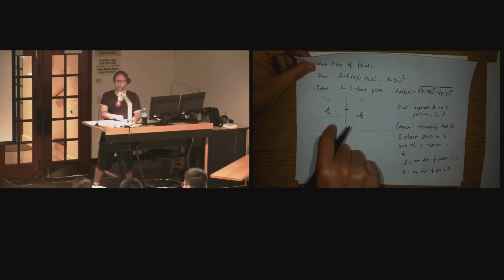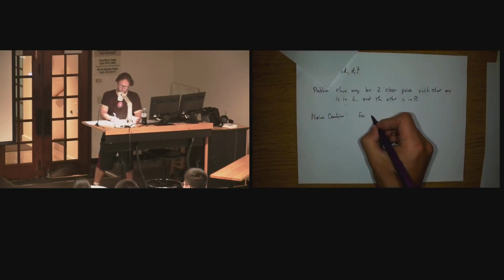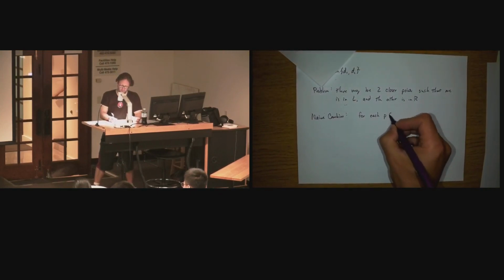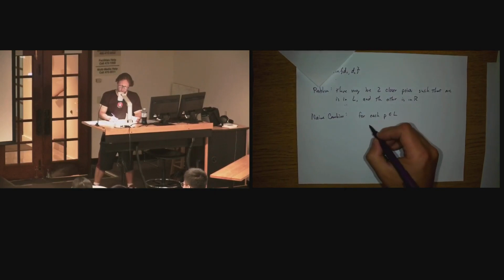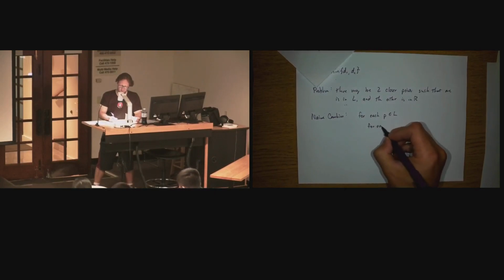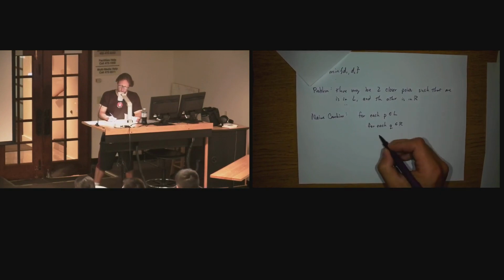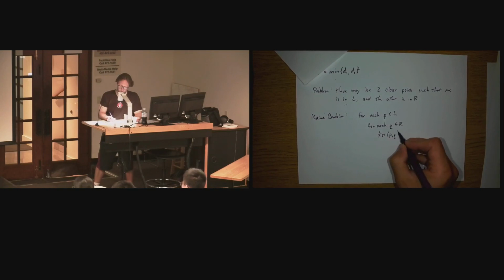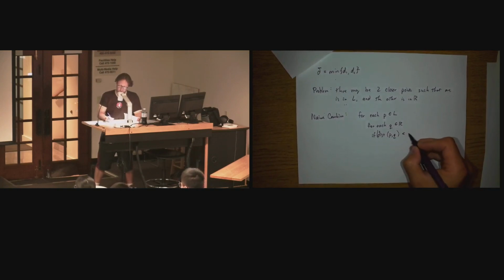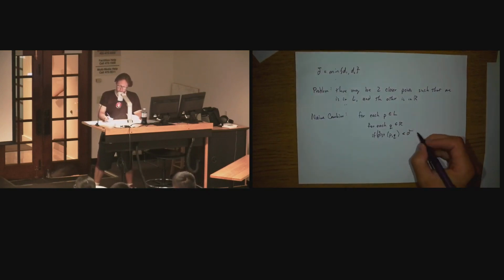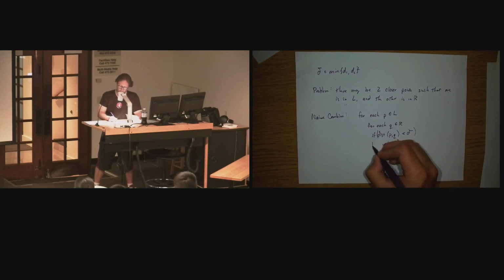For each point P in L, and for each point, I'll call it Q, in R, compute the distance from P to Q and compare it. If the distance is less than delta, remember I put delta up here, then update delta.